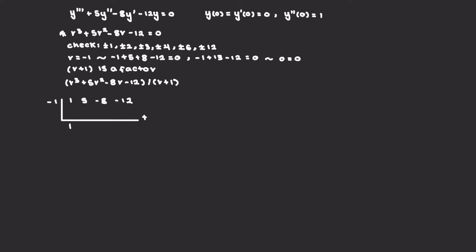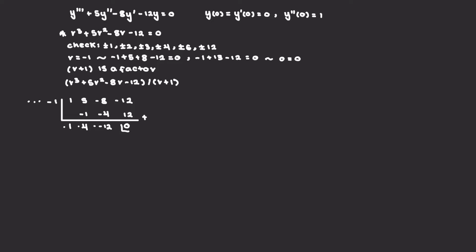Let's drop down the 1 and then multiply 1 here by negative 1. We get negative 1, 5 plus negative 1 is just 4. We multiply 4 here by another negative 1, so it's just negative 4. This is negative 12 plus 12, so this is 0.